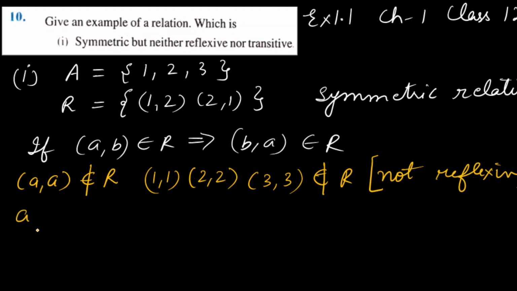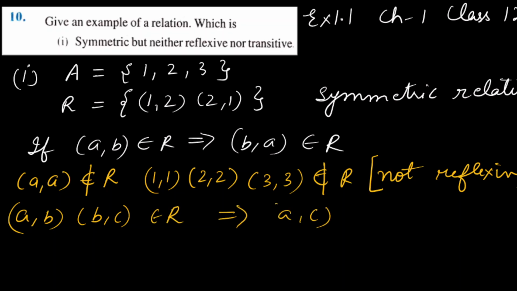Also, for transitive: if (a, b) and (b, c) belong to R, it implies (a, c) should also belong to R. In the given relation, this is a, this is b, and this is b and c. We are considering it this way because this element will be considered as b.